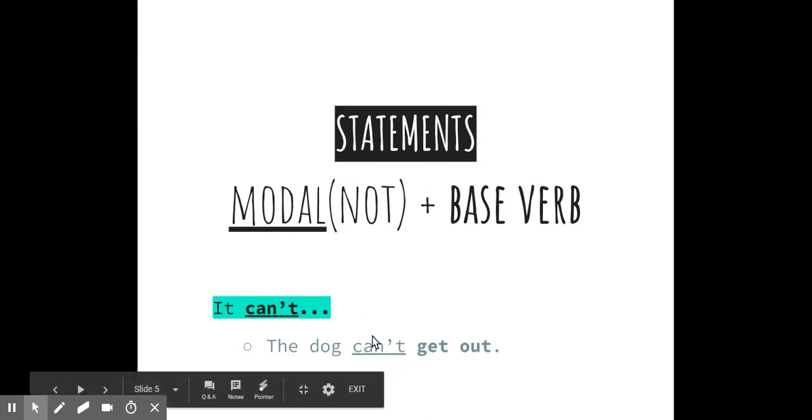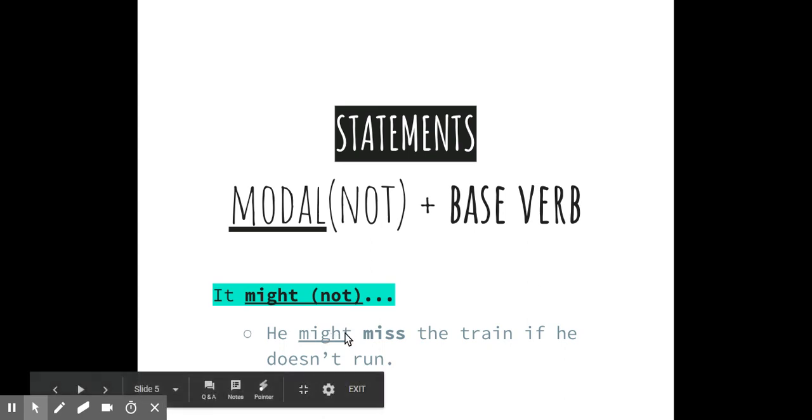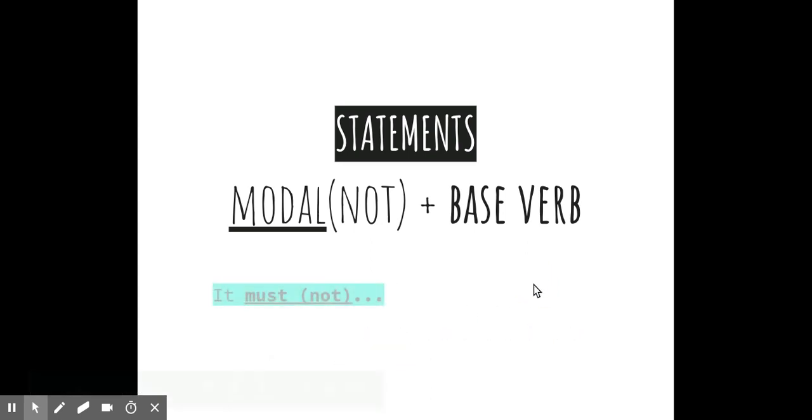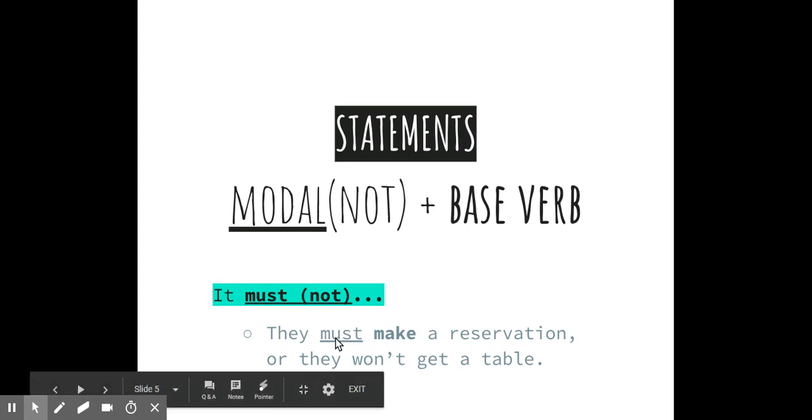Our not gets attached to the modal. It might not. He might miss the train if he doesn't run, right? So might, modal, base verb. Must not. They must make a reservation or they won't get a table. So here's our modal, here's our base verb.